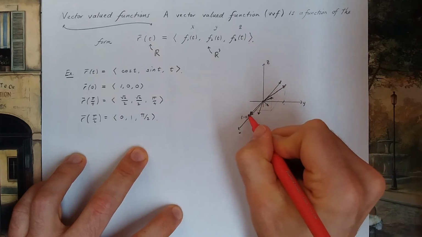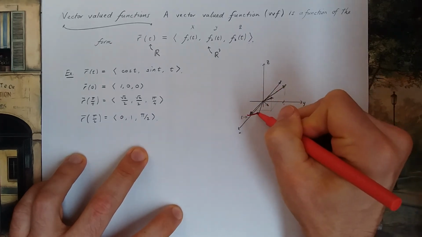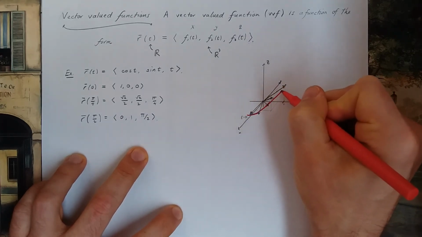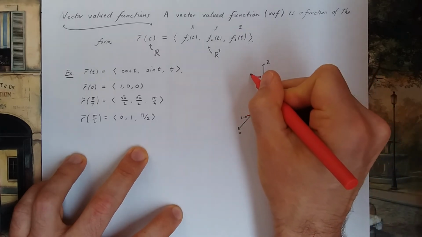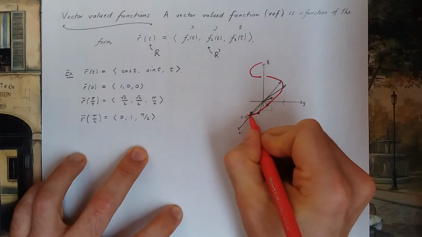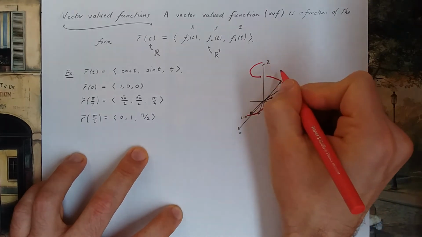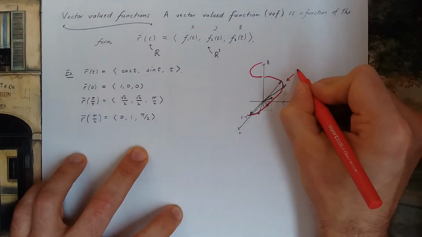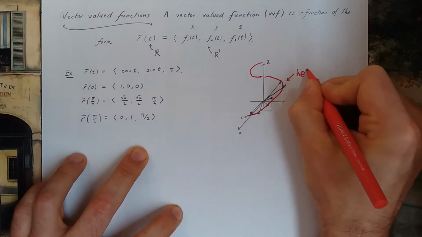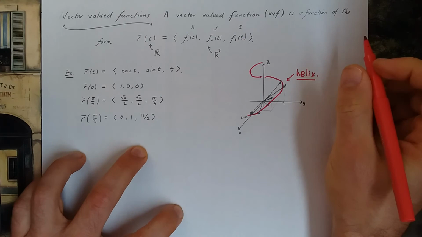I think it would go something like this. So here's my red curve. It's going to pass through the points on this curve. Now that's a horrible drawing of the curve, but this will actually describe a helix.